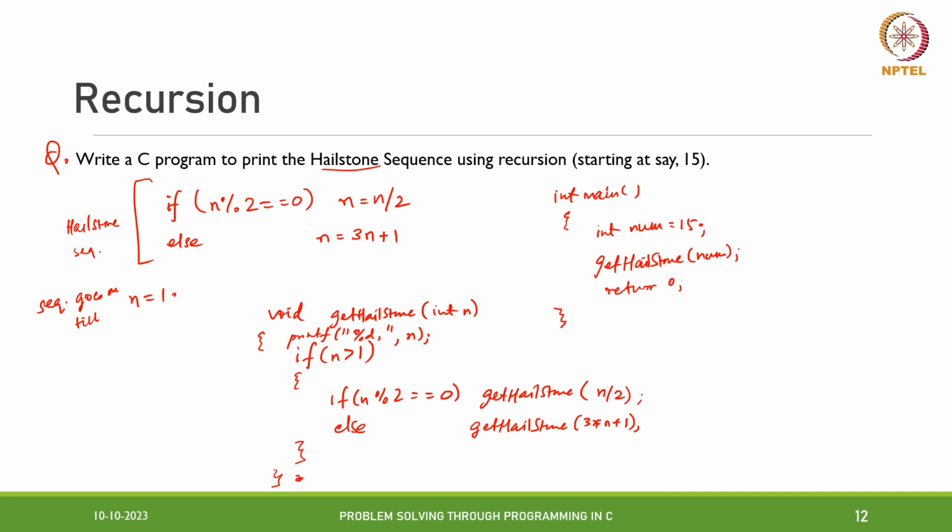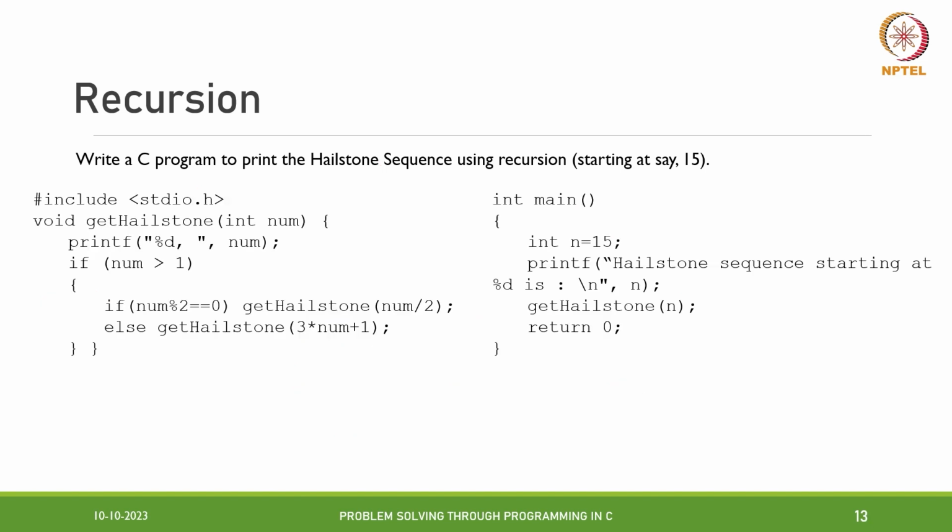So pretty much this is going to be the algorithm for this. I think it's also pretty much the same as what I've written here. I'm printing this, and I'm checking if num is greater than 1. I check if it is an even number, then I call with num by 2. If it is an odd number, I call with 3 into num plus 1.